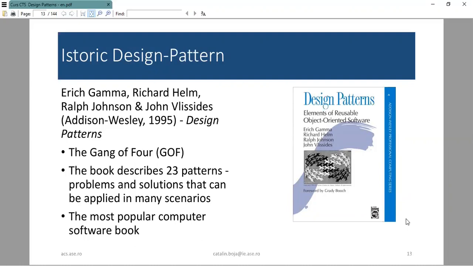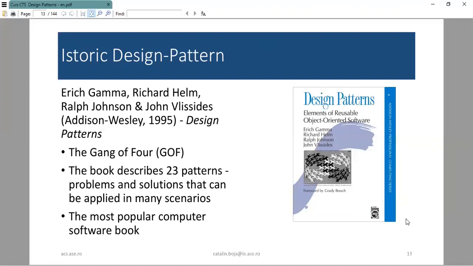Any language can have its own implementation of these design patterns. And that's why it's the top 1 computer science book, because at any moment, any programmer in any language will come back here and try to reuse these standard solutions for common problems.